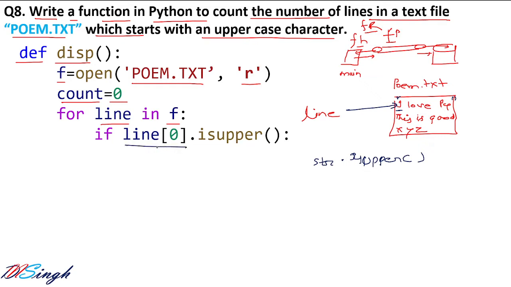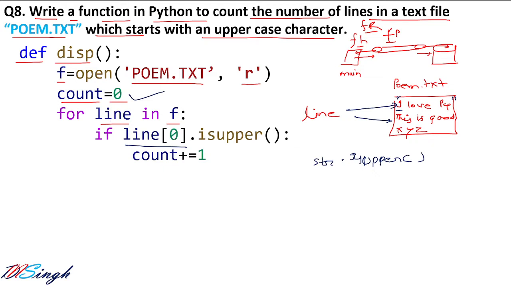line[0] means the starting character of this line string, which is the first line of poem.txt for the first iteration of the loop. If it is in uppercase, then we increase the value of our counter, so count equal to count plus 1, or count plus equal to 1. If it is not the case, don't do anything and move to the next line, meaning the next iteration of our loop.